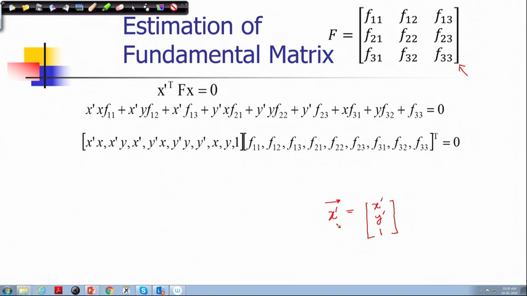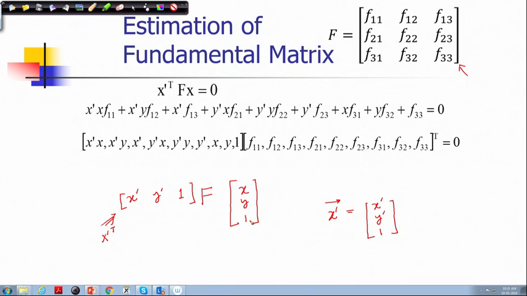This is the representation of the point x prime. If we write it in this form, x prime, y prime, 1, that is x prime transpose, and then multiply with the fundamental matrix F, and also the corresponding point x in the reference image, which is also given by the column vector x, y, 1.